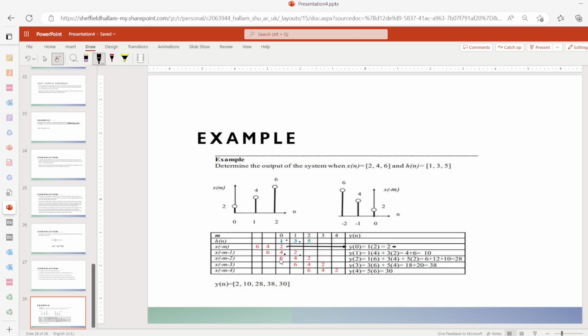Then shift it to the right again so that it is aligned completely. So 1 times 6 plus 3 times 4 plus 5 times 2, which gives us 28.